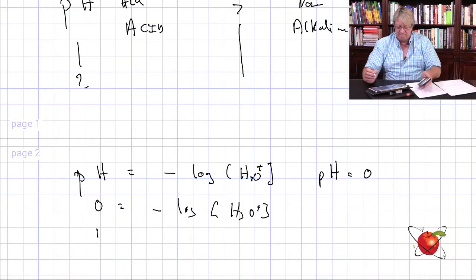Minus 0 is going to disappear, so it's going to go up to... shift, 10 to the x of 0, equals 1.